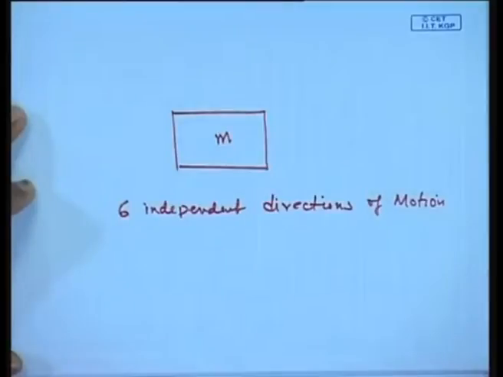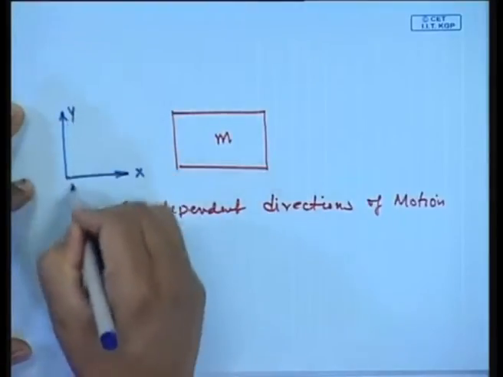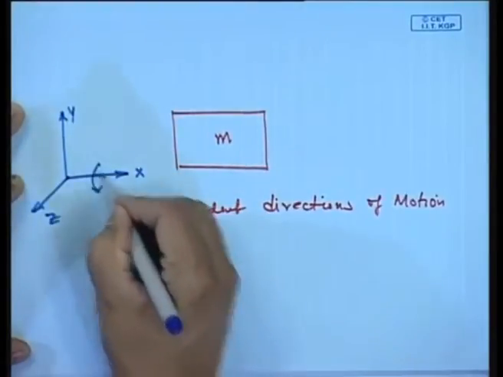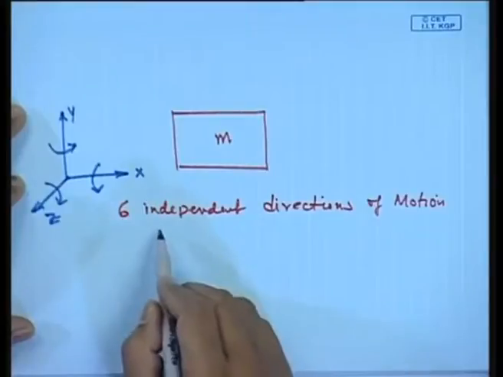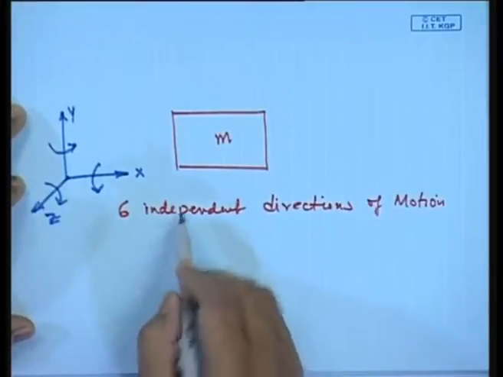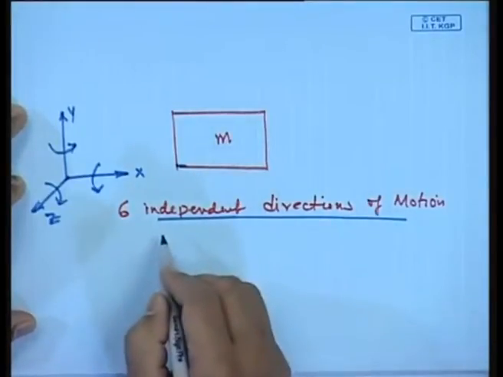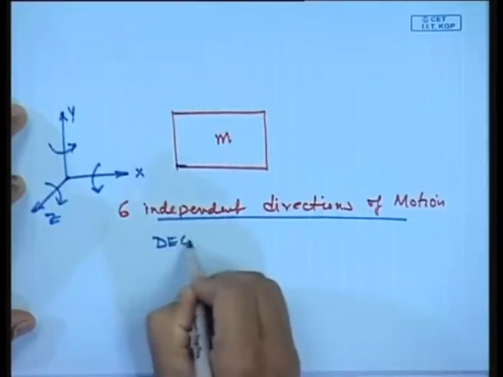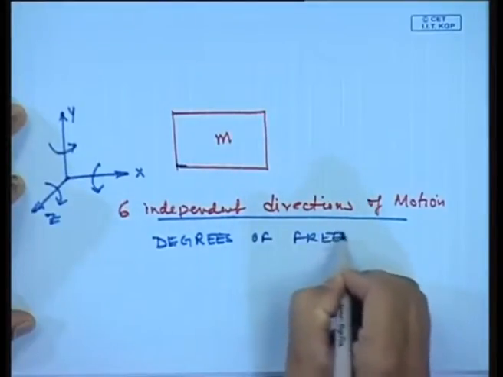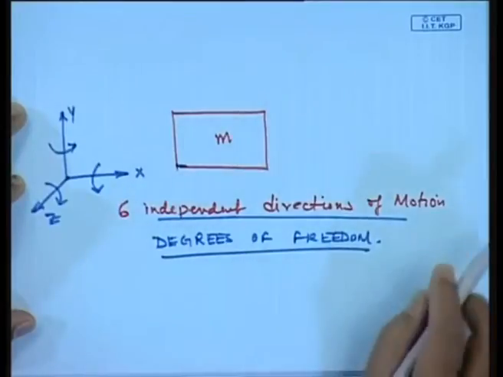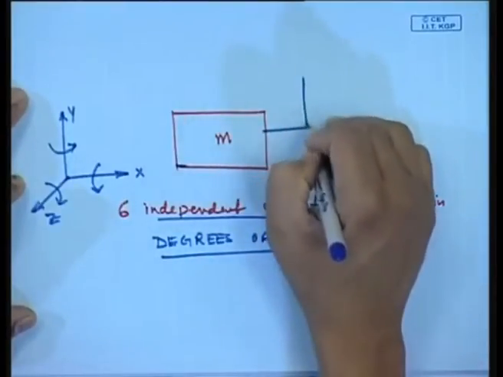In a 3-dimensional space, there are 3 translations and 3 rotations, altogether 6 independent directions of motion, and such independent directions are known as the degrees of freedom of this body.